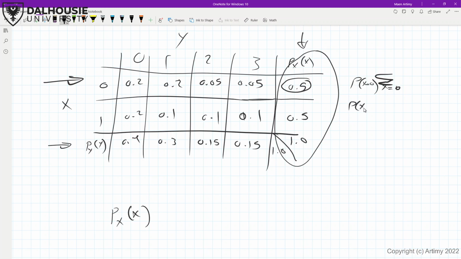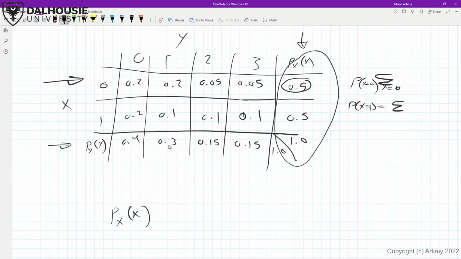And when we fix x as 1 and sum all the y values, we end up with the probability of x equal 1.